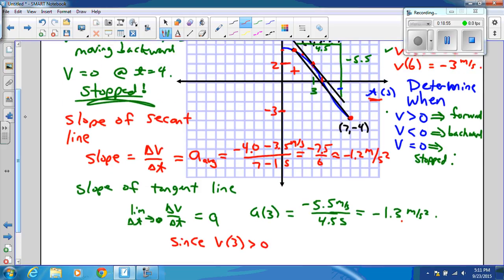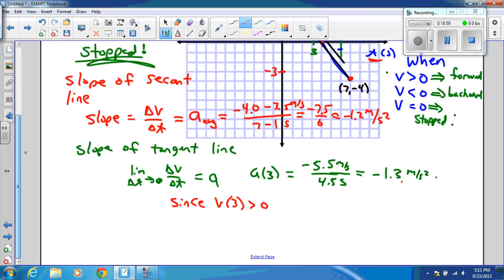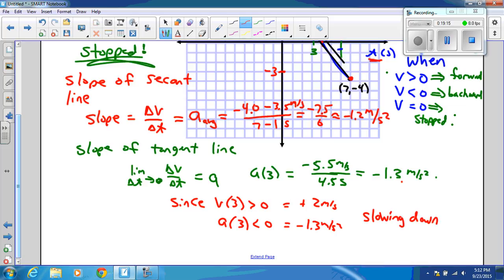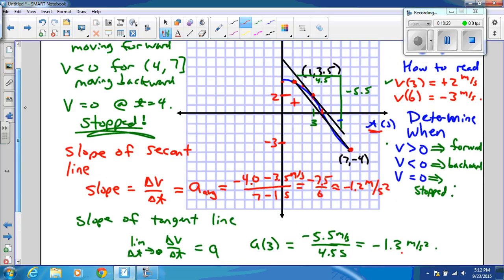And since the velocity at 3 is greater than 0, in fact, it has a value, according to the graph, of positive 2 meters per second, and since the acceleration at 3 is less than 0, negative 1.3 meters per second squared, that means the object is slowing down. It's going forward, but it is slowing down because the velocity and acceleration have opposite signs. So we can find all of that out from the graph.